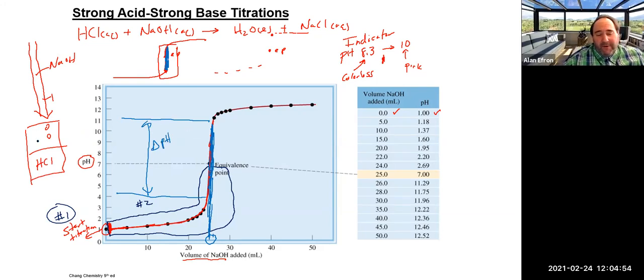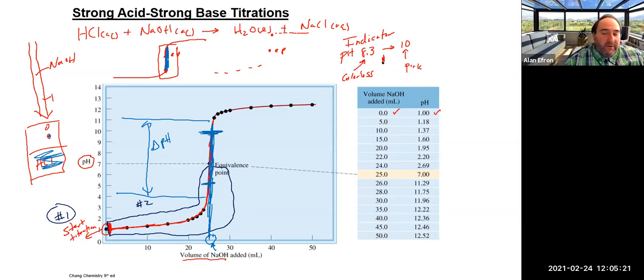So that's why when you have done the titration maybe before, you go, I just added one drop, there was like no color, but I added that one little drop and then the thing went super dark pink. And that's because even though you added one drop, which is not a lot of volume, as you get close to that equivalence point, that may be enough to make the pH go from like here up to here, right?